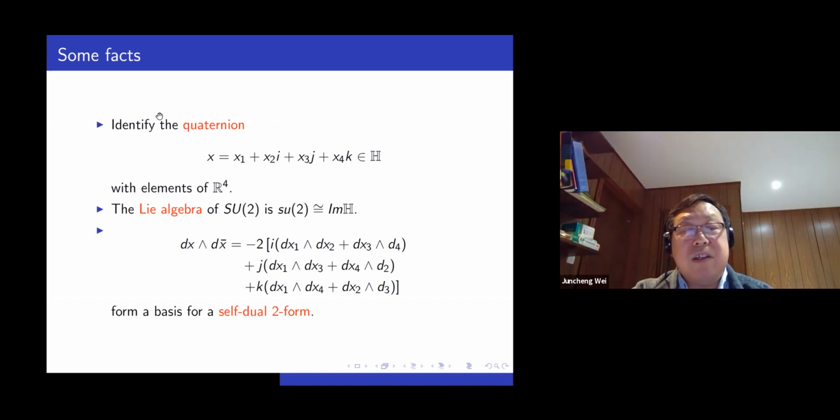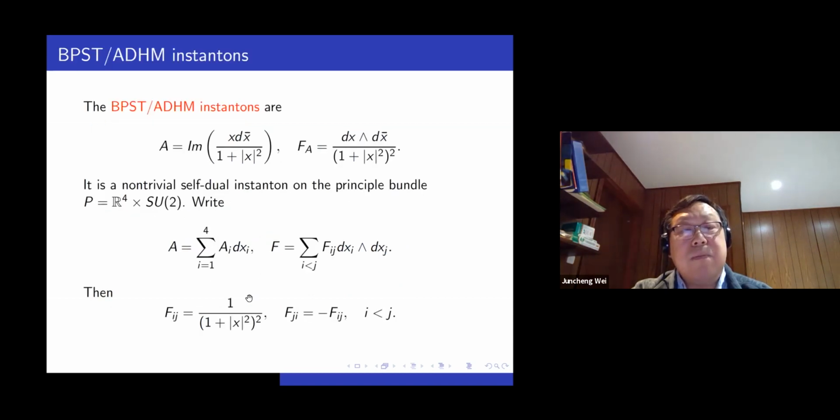ADHM soliton. So first we introduce the so-called quaternion and the linear algebra and the self-dual form. So these ADHM instantons are steady states of the Yang-Mills flow, and they are given explicitly. This is the connection, the matrix.